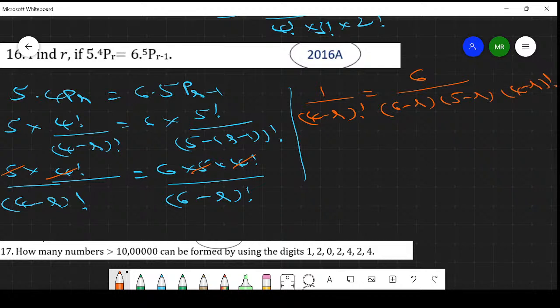How did we get this? Reduce 1 each time: 6 minus r, 5 minus r, 4 minus r factorial.